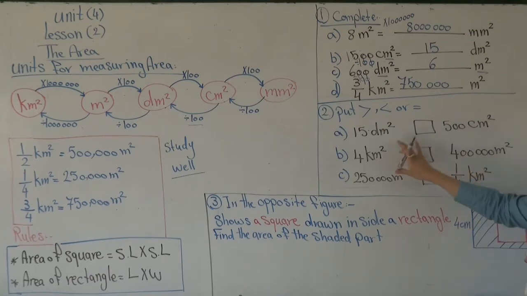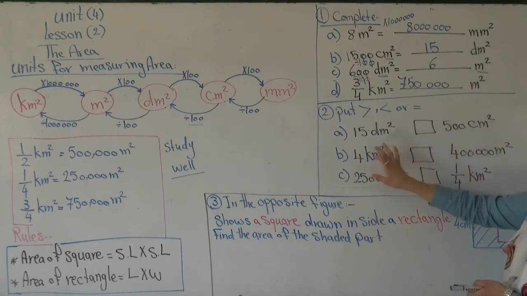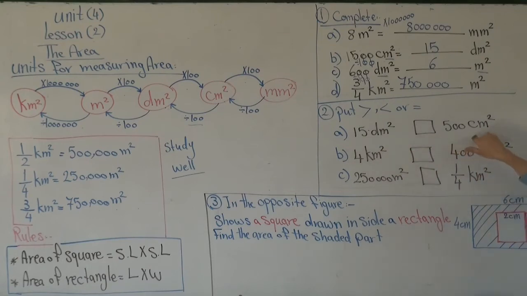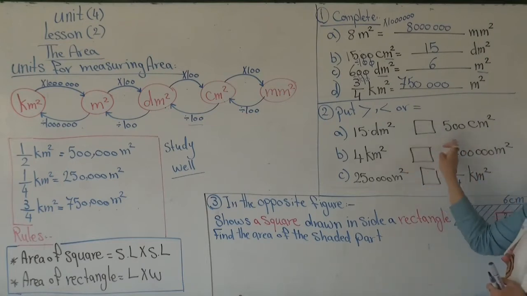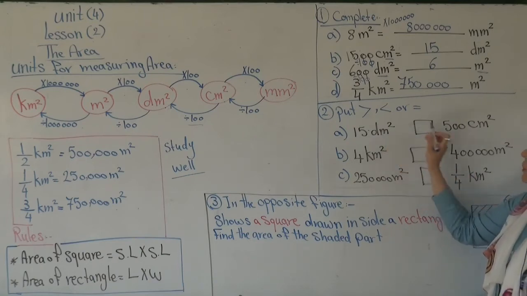I have two sides here. Can I compare two different units? Here decimeter square and here centimeter square. I can't compare different units. Which is bigger, 15 decimeter square or 500 centimeter square? I don't know. We must change one side from the two sides, one side only. Okay, I want to change from decimeter square to centimeter square.